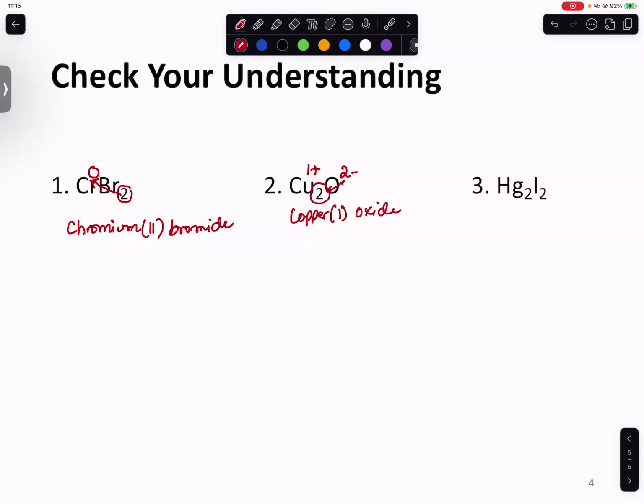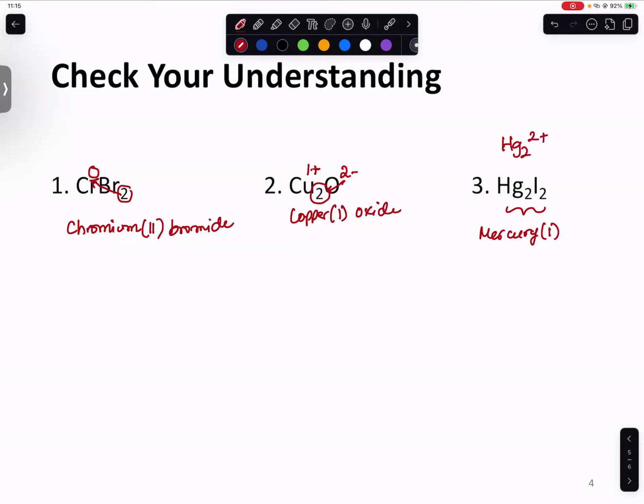The last example is Hg2I2. Hg2I2 is mercury. Remember, Hg2 2+ is the mercury(I) ion. So this is mercury(I), and mercury(II) ion is Hg 2+.